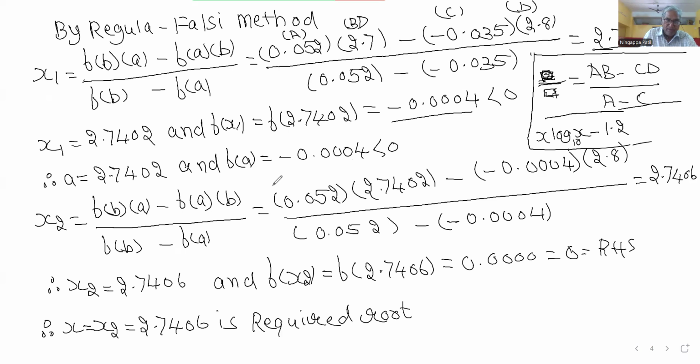Then you write again the regula falsi method formula, x2 equal to [f(B) into A minus f(A) into B] divided by [f(B) minus f(A)]. And already this is entered there, AB minus CD divided by A minus C.